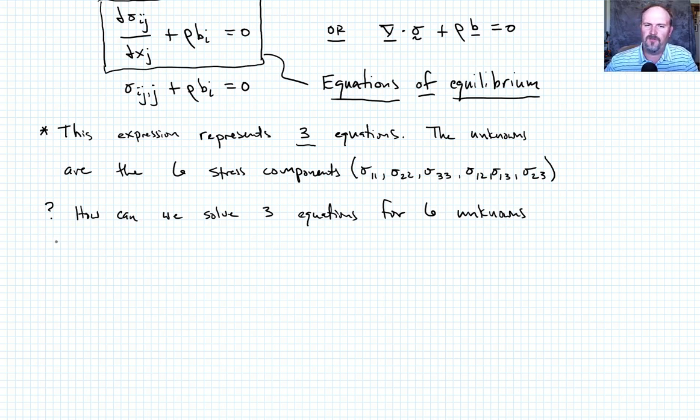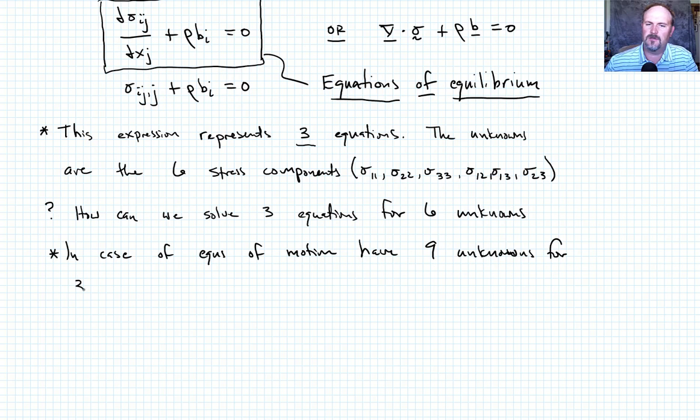We get even further in the case of the equations of motion. In that case, we have 9 unknowns for 3 equations. Those include 6 stresses plus now 3 displacements, u.